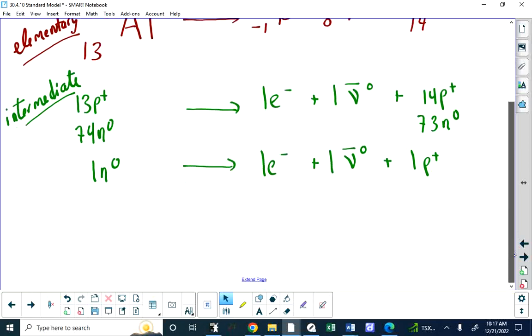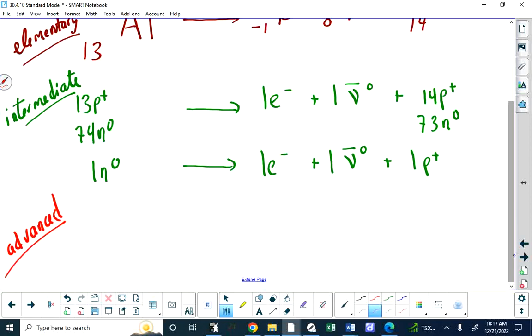But what you can do now is use maybe an advanced description of what's going on. And a neutron is an up, down, down quark combination. And that changes to an electron, an antineutrino, and an up, up, down quark combination.